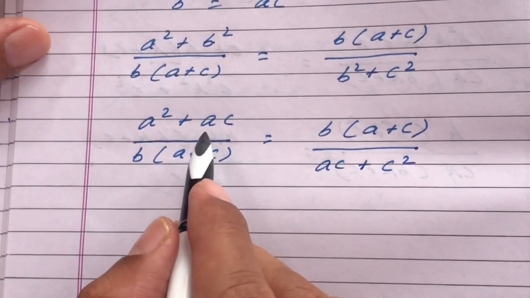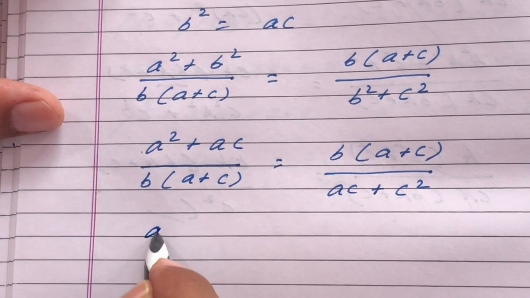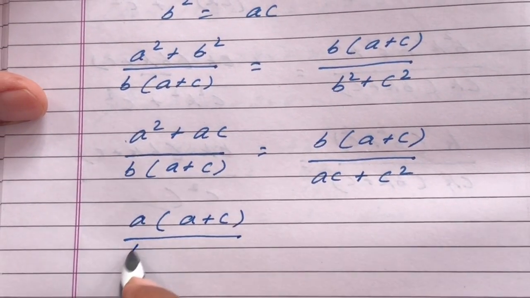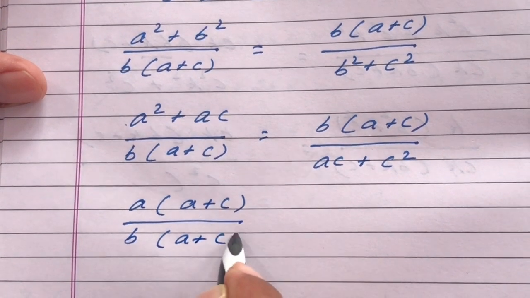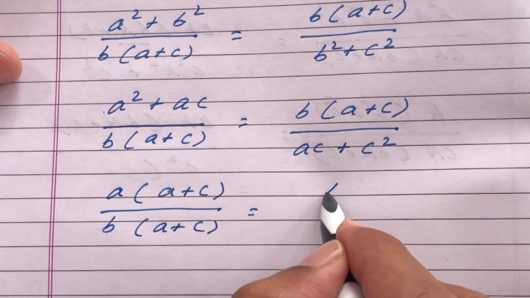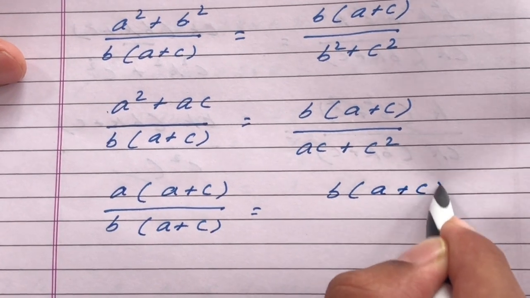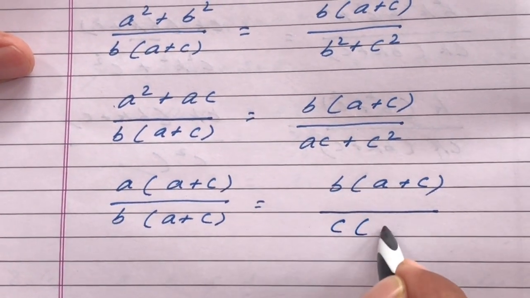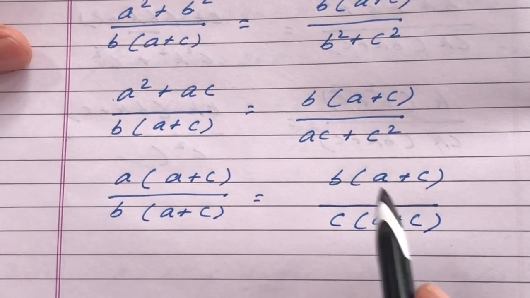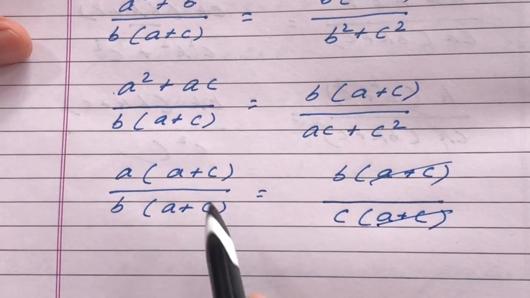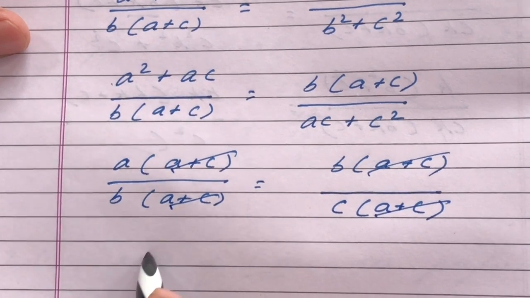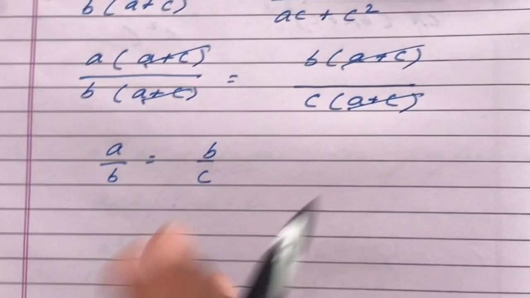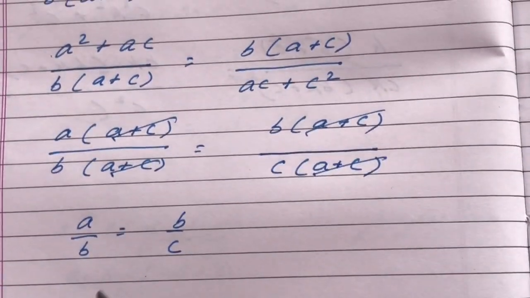in place of B square I put AC plus C square. So from here A is common, A plus C, here A plus C, B into A plus C. From here C is common, A plus C. So A plus C cancels with A plus C. A upon B is equal to B upon C, which is true because A, B, C are in proportion.